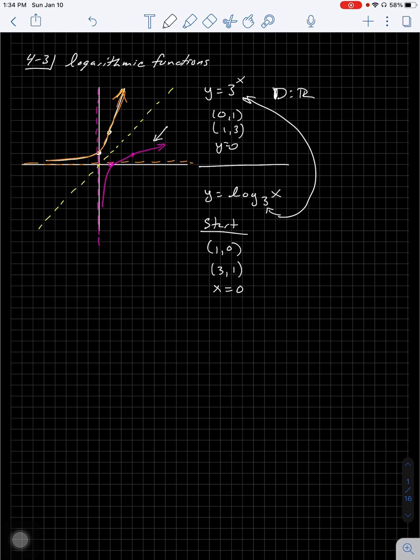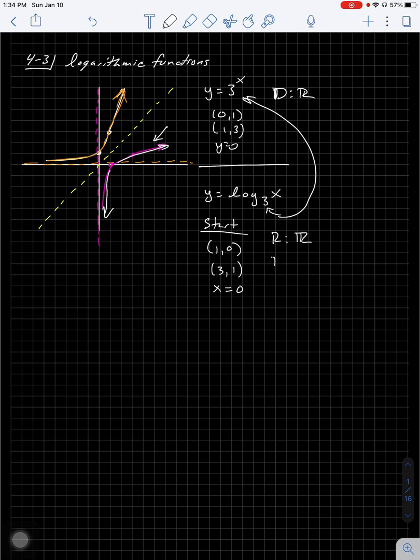Now here, down on the log, the range is all real numbers because the x and y's flip. So the y values, this pink graph is going to cover all y values going down, and then this part is going up and up forever. And so all of these y values on this axis meet up with the graph at some point.